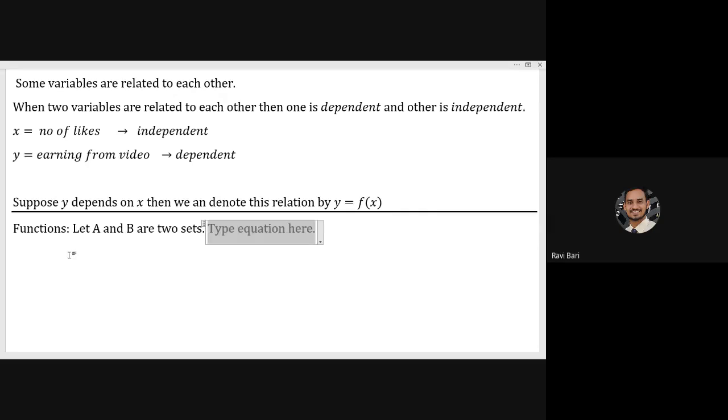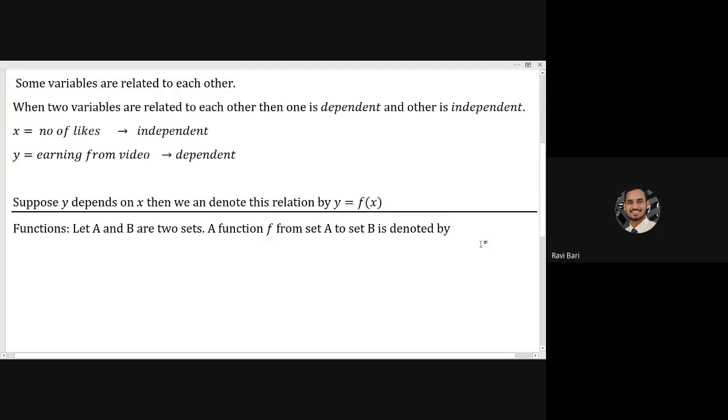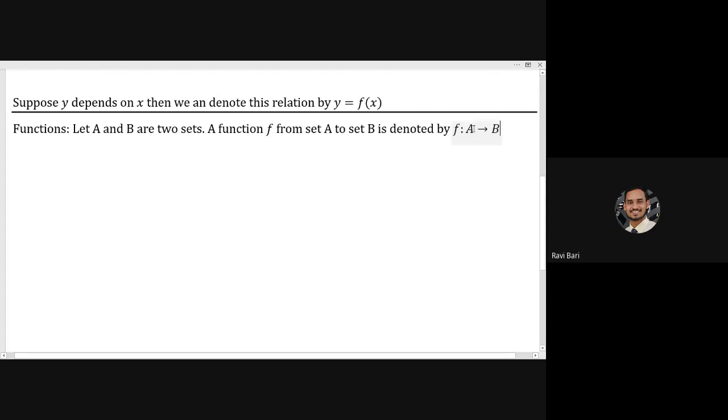The function f from set A to set B is denoted by f from A to B. So here we have a function from set A to set B. How will we denote this? By writing f from A to B.